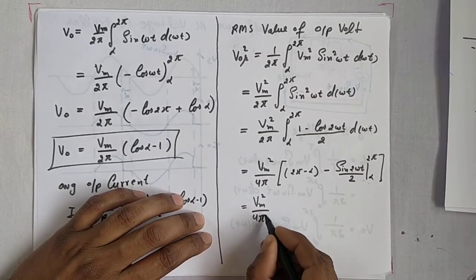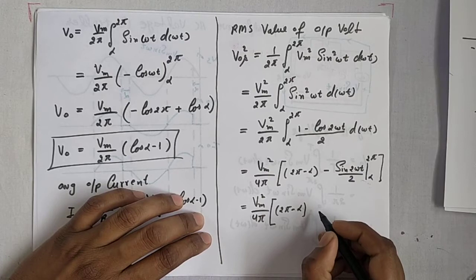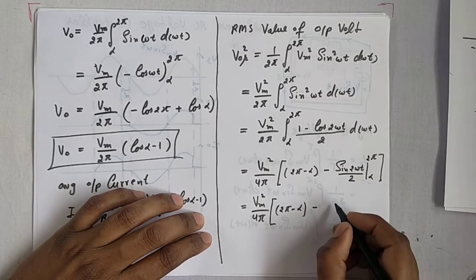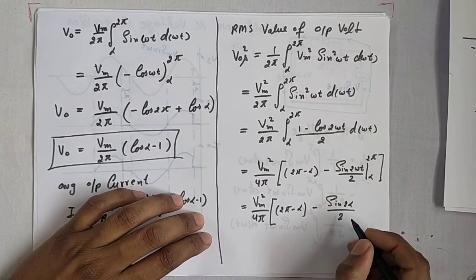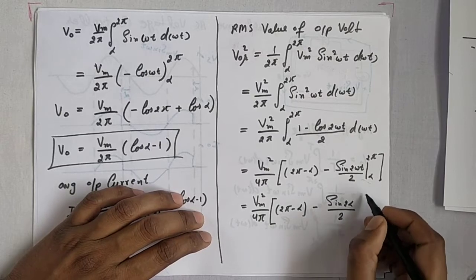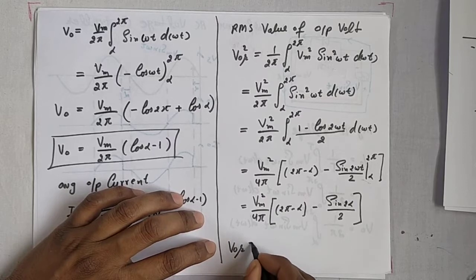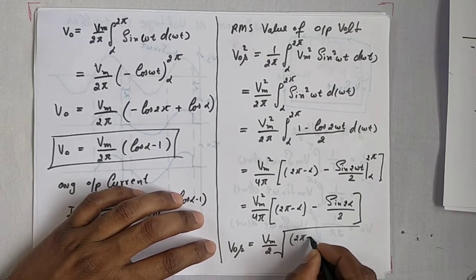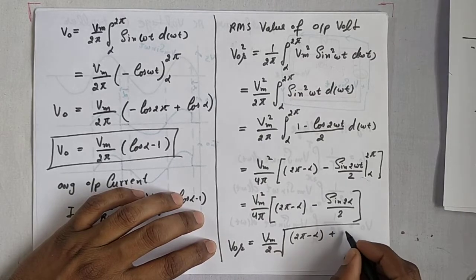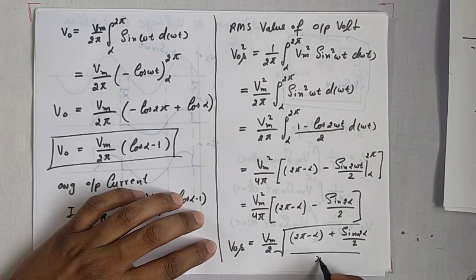Vm square divided by 4 pi, (2 pi minus alpha), this will be minus of sine 2 alpha divided by 2, because sine of 4 pi equals 0. VOR equals Vm by 2 root of ((2 pi minus alpha plus sine 2 alpha divided by 2) divided by pi).